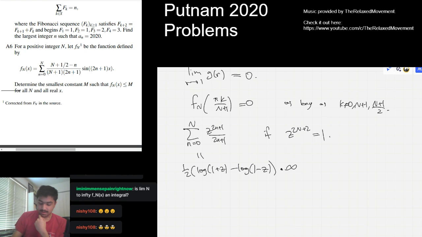Or, my bad, infinity times this. So this thing must be 0. Maybe this just means the series can't converge and I'm just being bad. No, but if I then modify with the r, right, then it does make sense. Yeah, I think this is right.